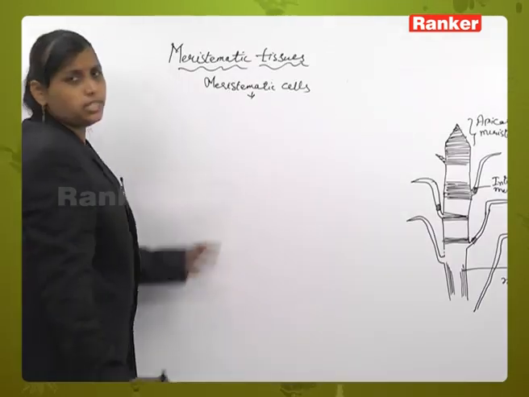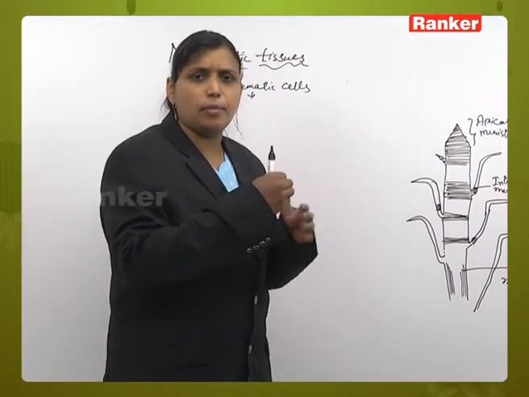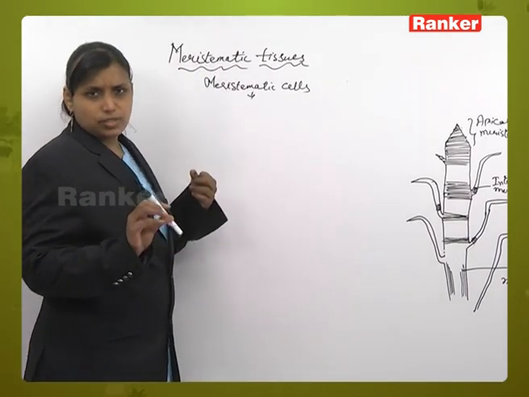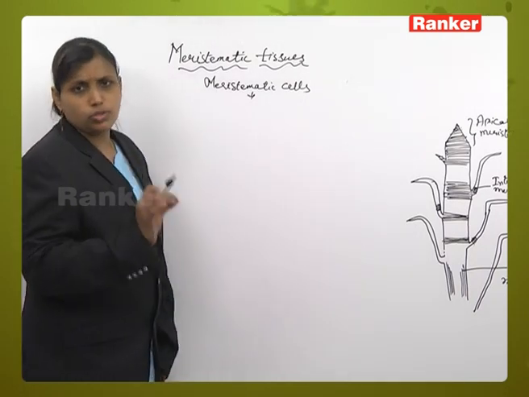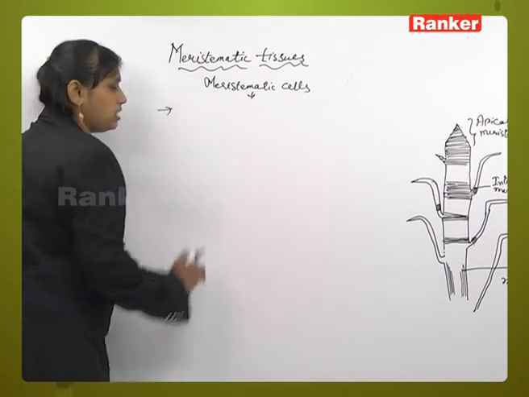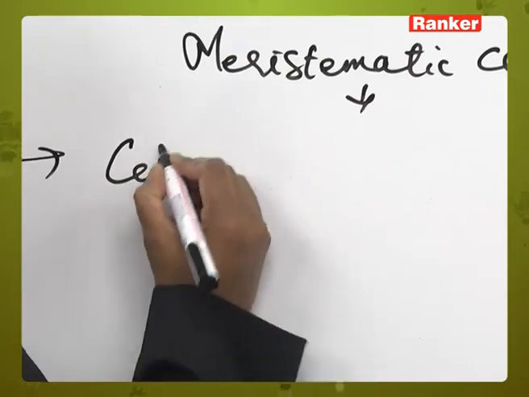These meristematic cells can be identified easily when we compare them with other types of cells. So what are the few basic characteristics with which you identify that a particular tissue is meristematic, simple, or complex? Now, the first and basic characteristic of meristematic tissue is that the cells are isodiametric.